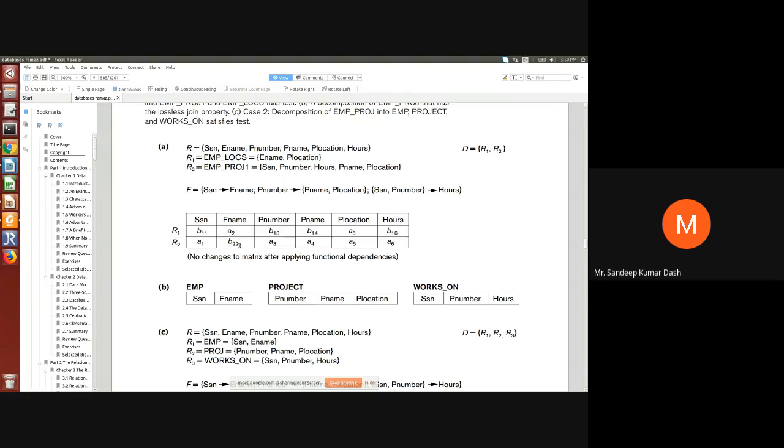This thing you can do. After you mention this, use the functional dependency.